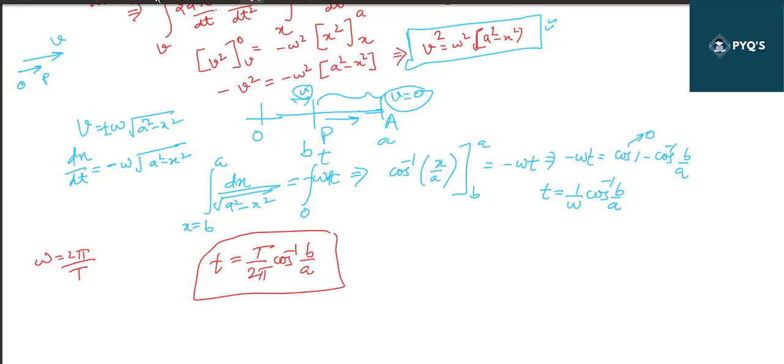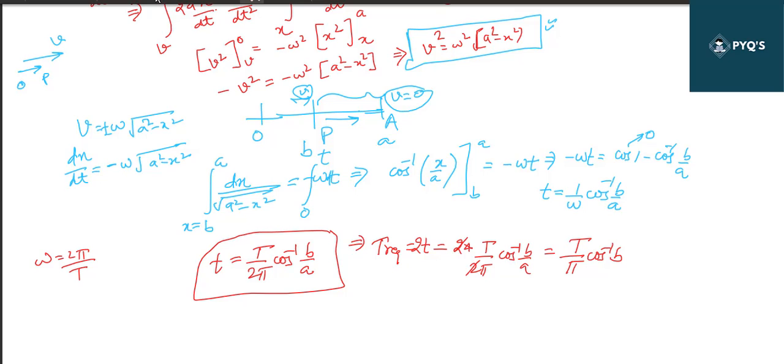Now from the equation above, we know that T required is what we need to find out. T required equals 2t, that is 2 times T upon 2 pi cos inverse B by A, and the 2 is cancelled, so we get the required answer.